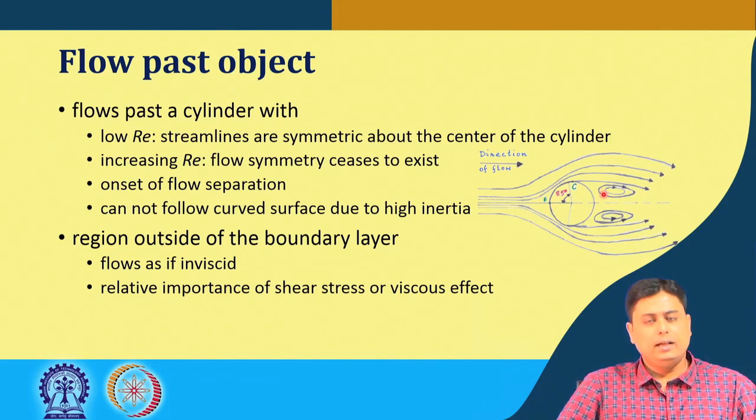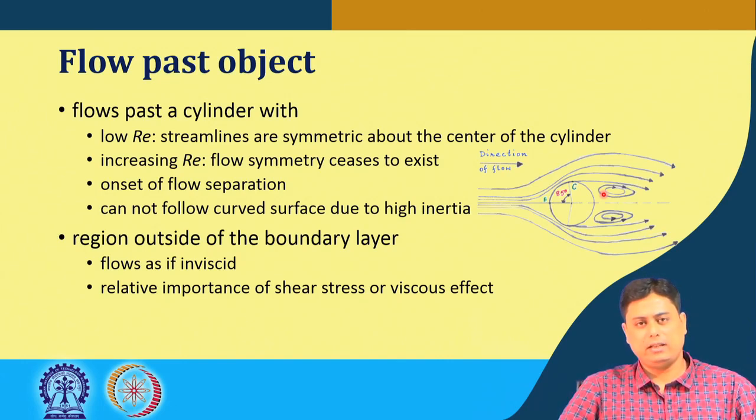So, basically the relative importance of shear stress or the viscous effects is what you have to gauge, and that actually defines the boundary layer region. Because inside that region the shear stress or the viscous effects will be there, and outside that there will be no such influence, okay?